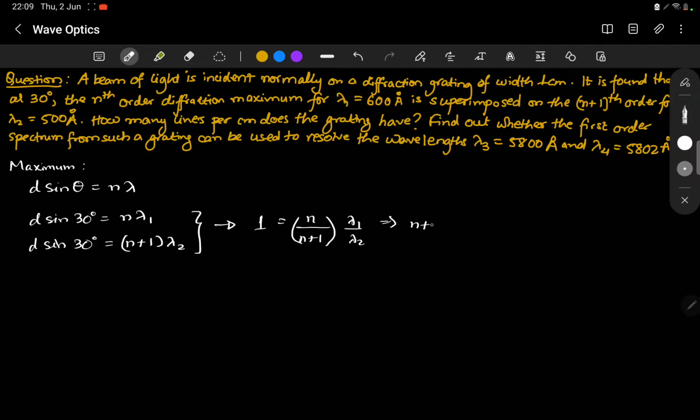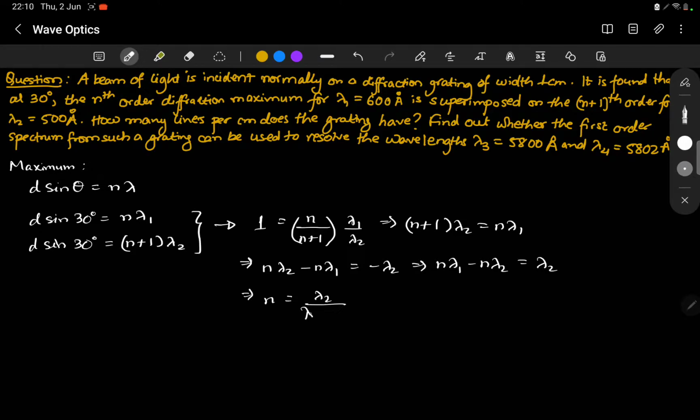So let us rearrange the terms. So this is the value of n we will get.